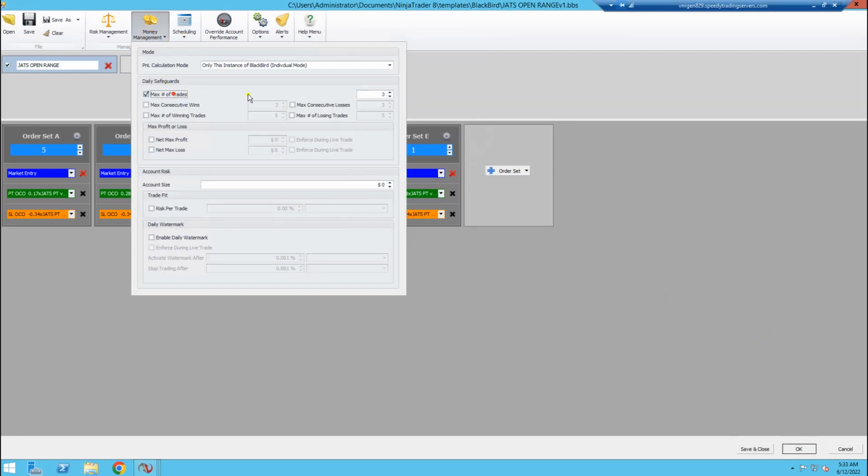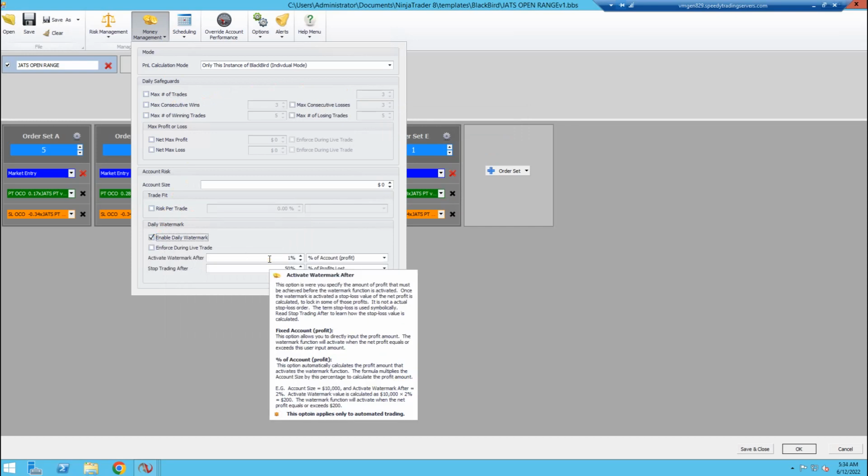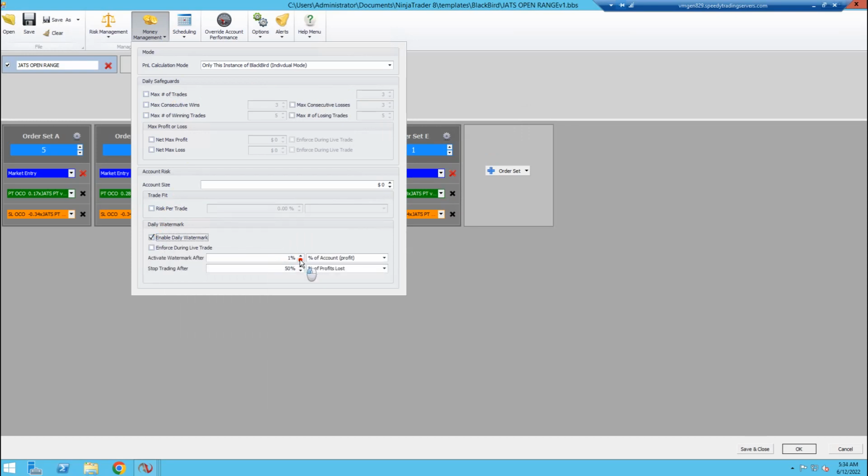You can also minimize the number of trades that you want if you would like to do that. You can elect to go home with $1,000. So if you receive a $1,000 profit, stop trading. So we can do that right here. $1,000. Oops, there we go.